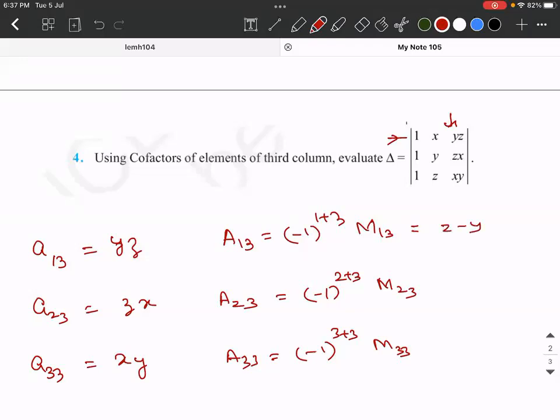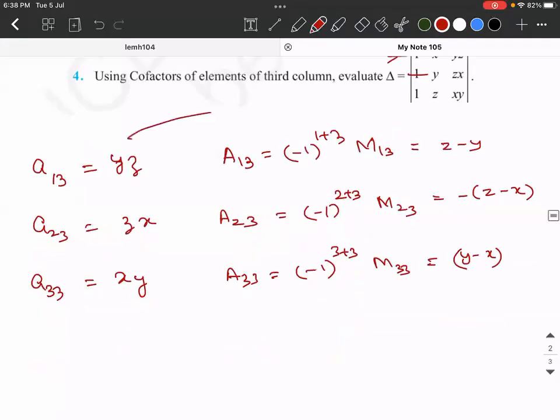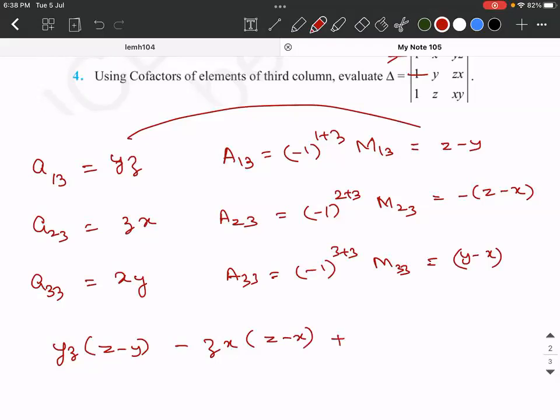M23 is z minus x, with a minus sign. M33 is, sorry, y minus x. So the cofactors we got, multiply them: yz into z minus y, plus zx into, actually minus, zx into z minus x, plus xy into y minus x.